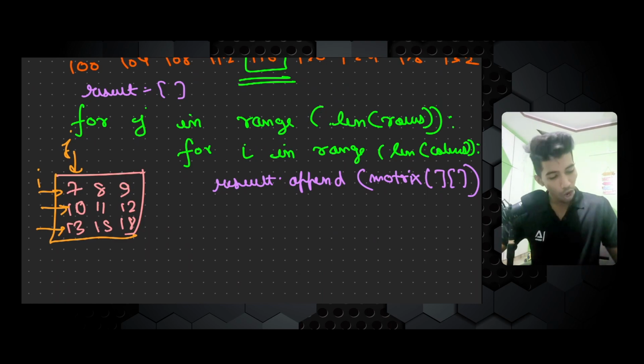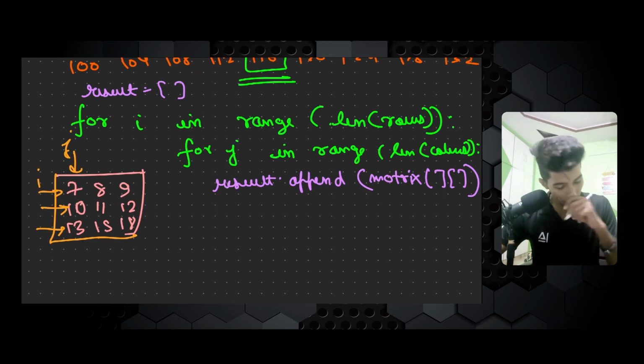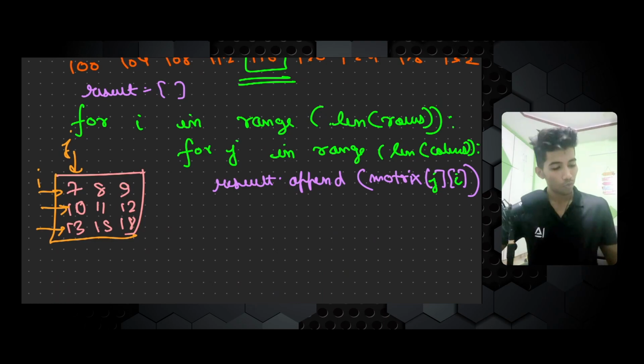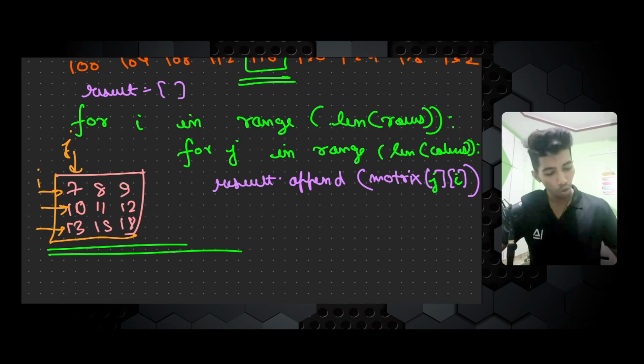I just have to fix the j, and I just have to increment the i. So this time I will write i over here, j over here and i over here. Very simple. By using this change, it will print in a column major format.